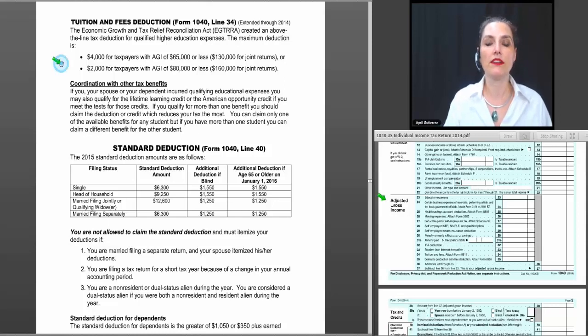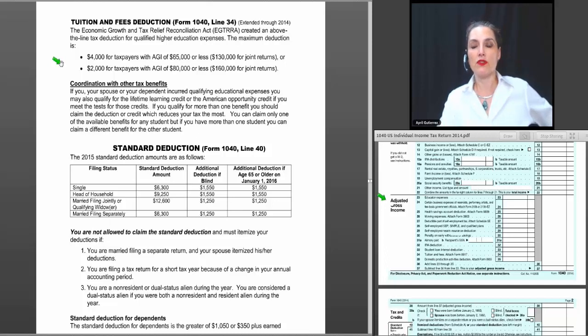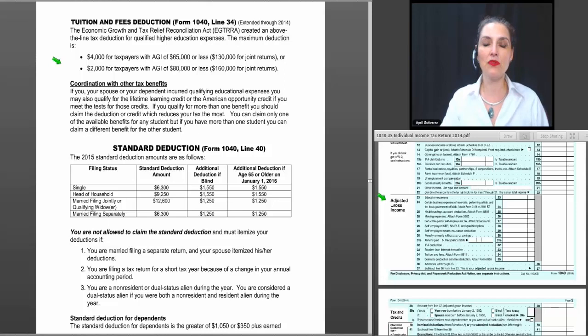And you are allowed to claim a $2,000 deduction if your AGI is $80,000 or less, or $160,000 or less for joint filers. Of course, you had to have qualifying educational expenses in order to claim the deduction, and the expense must be not less than the deduction claimed.